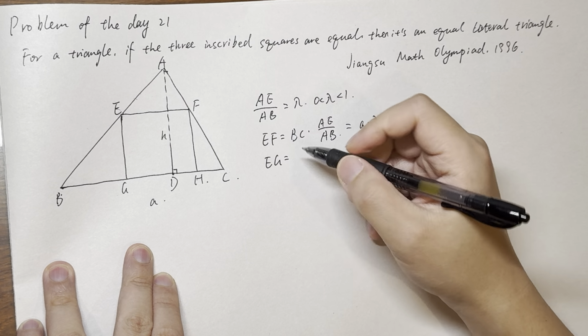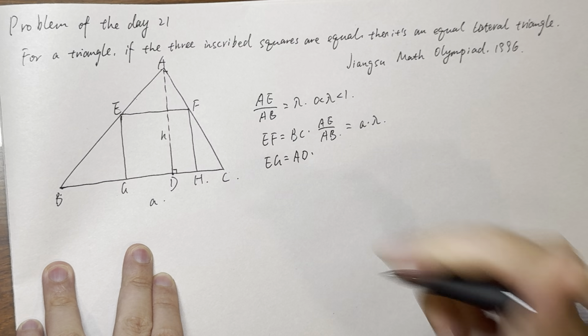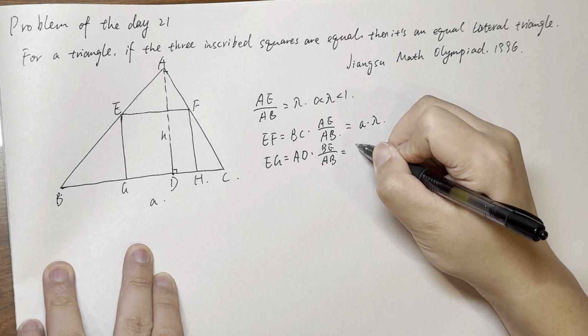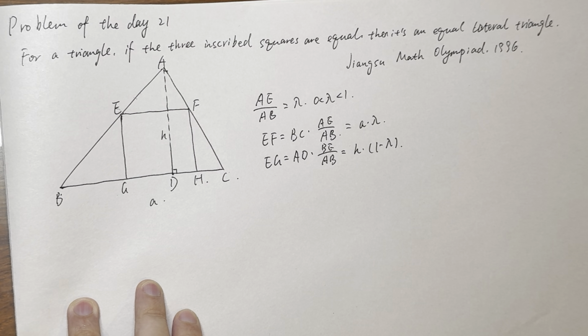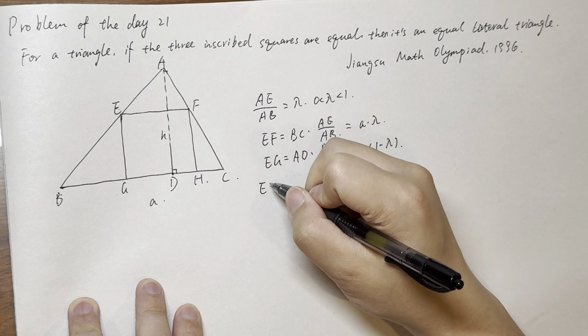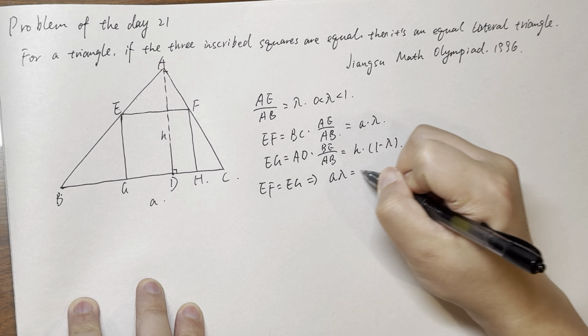So EG equals h times 1 minus lambda. And we know that it's an inscribed square, so EF equals EG, which means a lambda equals h times 1 minus lambda.